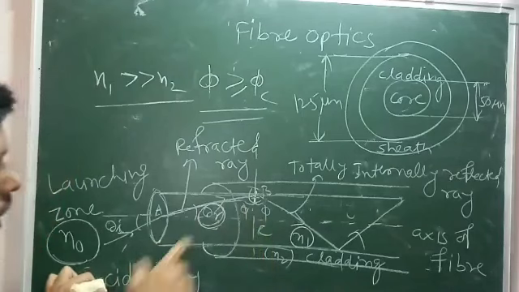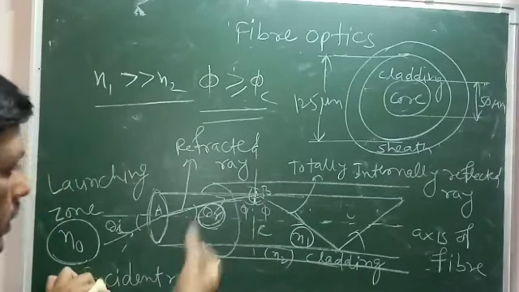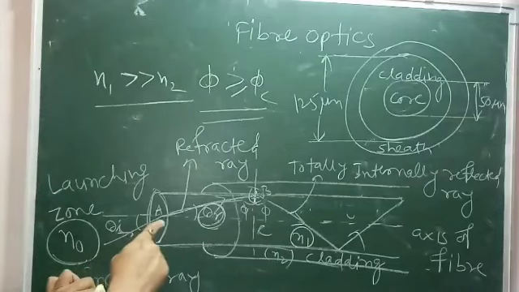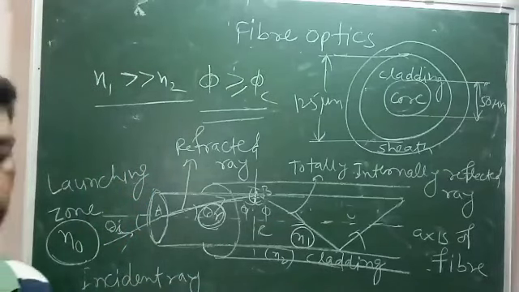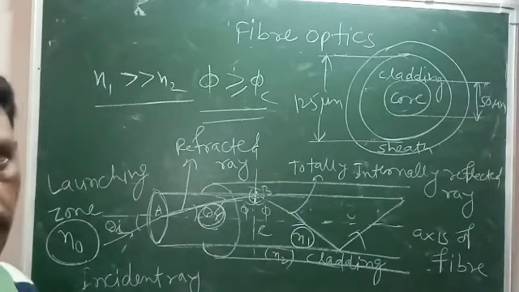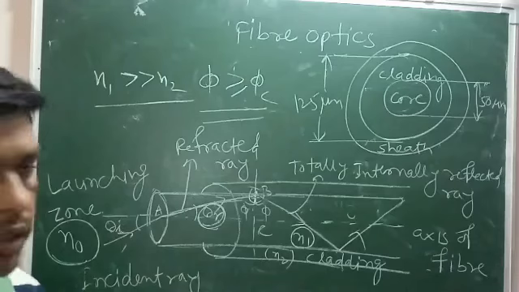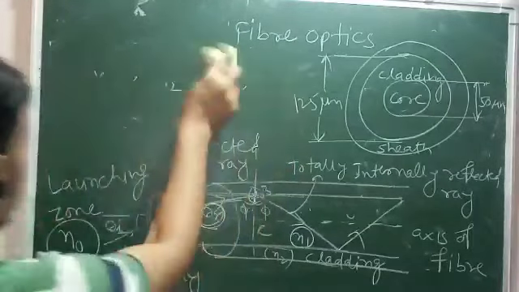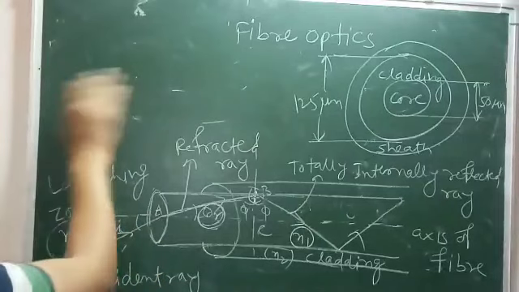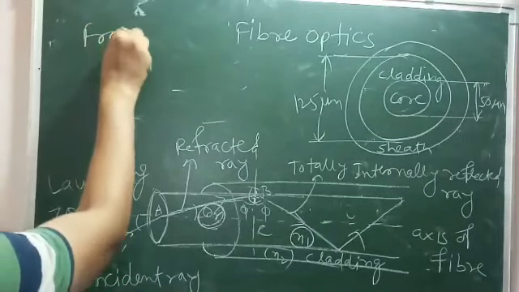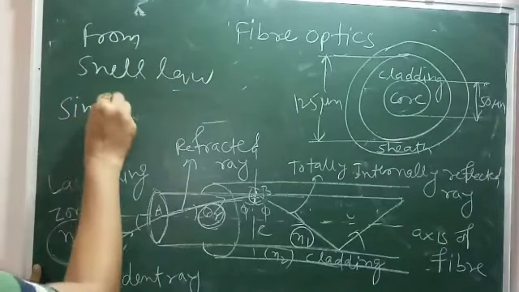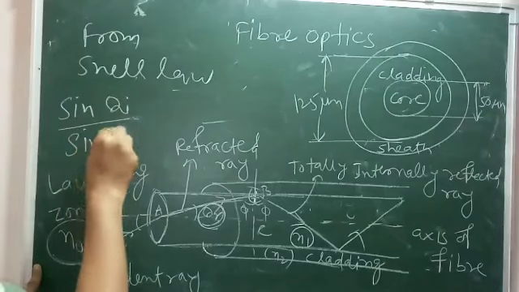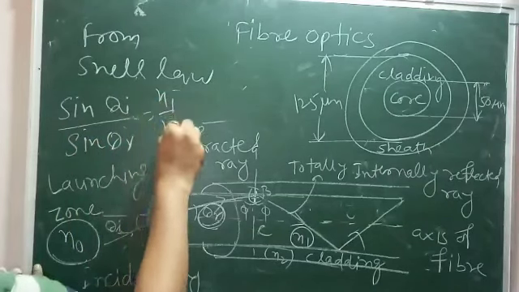So there are two interface points in this section. Here point A and point B are the two interface points. At those points we can apply the Snell law because there is a change of refractive index, N0 to N1 and N1 to N2. So we can write, from the Snell law, sin theta i upon sin theta r is equal to N1 by N0.